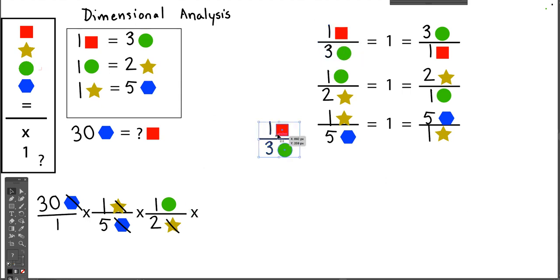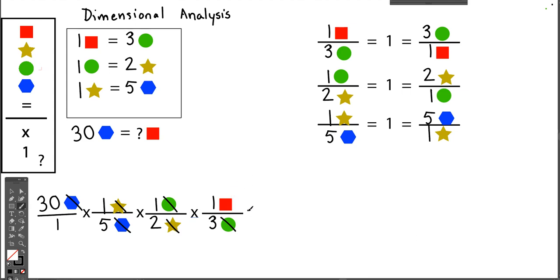So let's go ahead and do that here. This is the only option. And once again, let's just go ahead and cross out our units because that allows us to see, boom, we have exactly what we want in terms of units. We don't have any of these other units. We have the only unit that we care about, which is this red square.